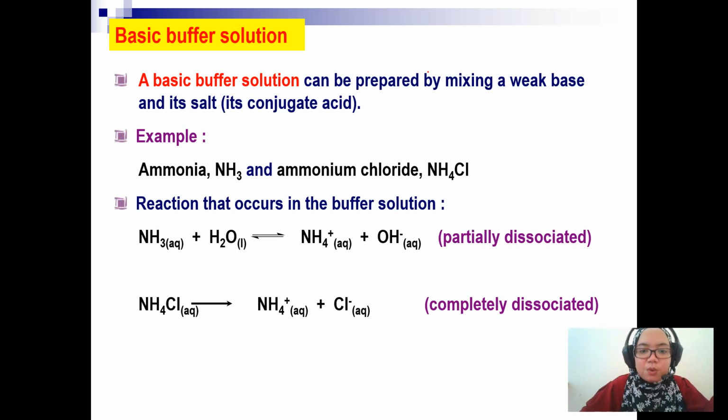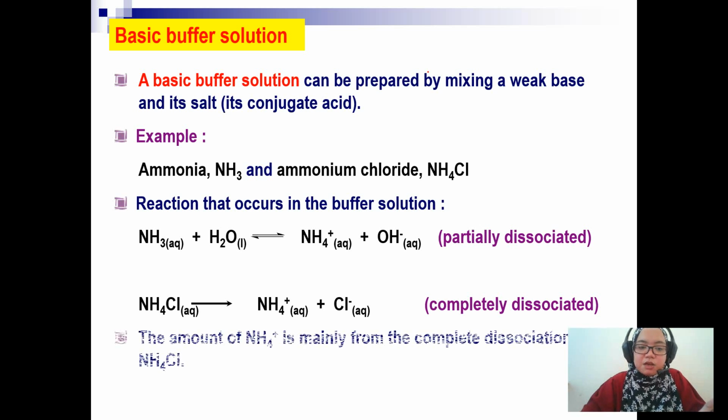Okay, so sama juga, since weak base NH3 can only partially dissociate, it will have a high concentration. So at the end of the reaction pun, dia akan still ada high concentration of weak base because it only partially dissociated, and it will have a high concentration of NH4 plus cation because of the complete dissociation of ammonium chloride.